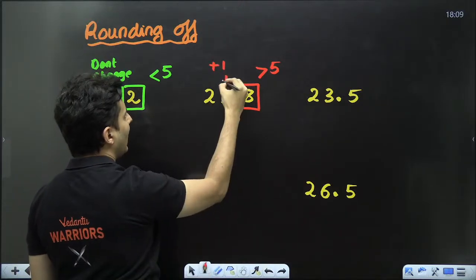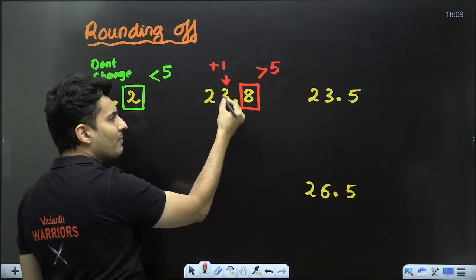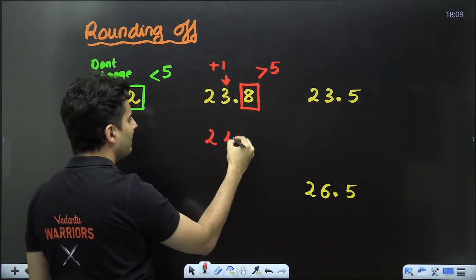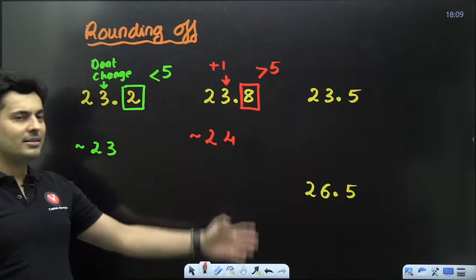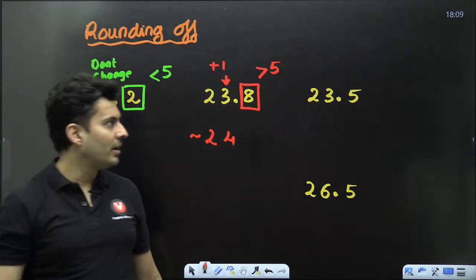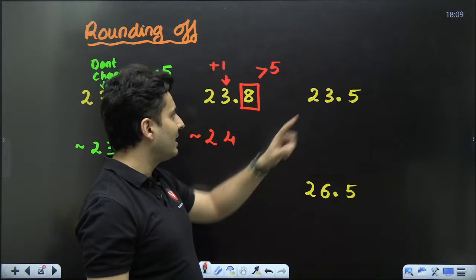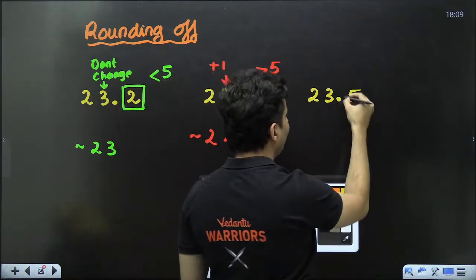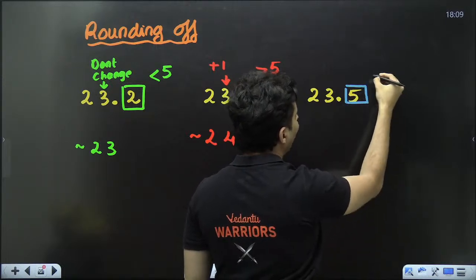That's all. So 23 plus 1 will become 24. So this is approximately 24. Isn't this very, very straightforward? Very good. Now the problem comes when it is exactly equal to 5.